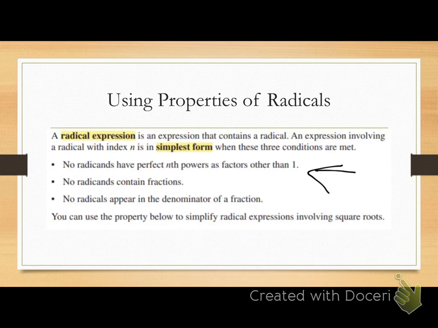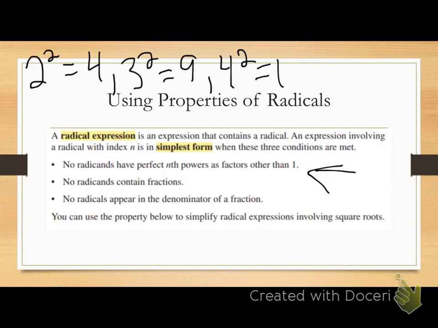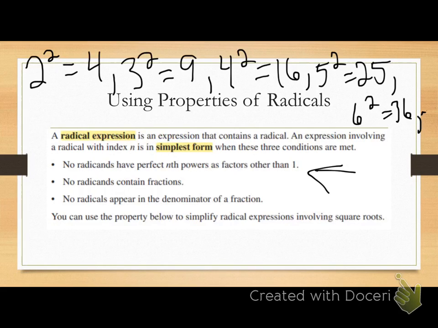We have numbers that are called perfect squares. If I do 2 squared, that gives me 4. 3 squared gives me 9. 4 squared gives me 16. 5 squared gives me 25. 6 squared gives me 36. So on and so forth.